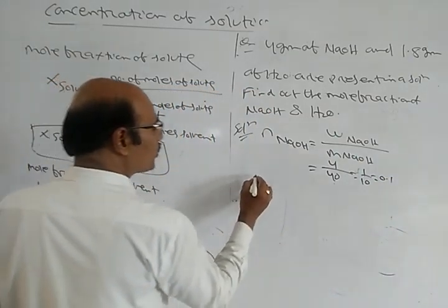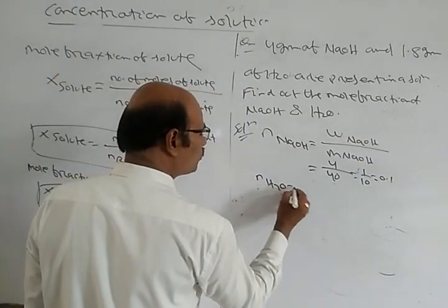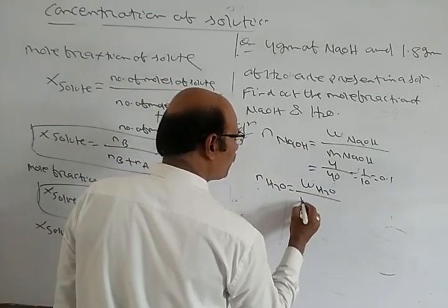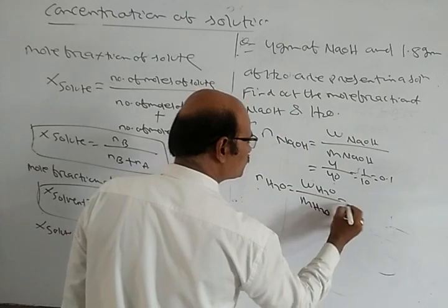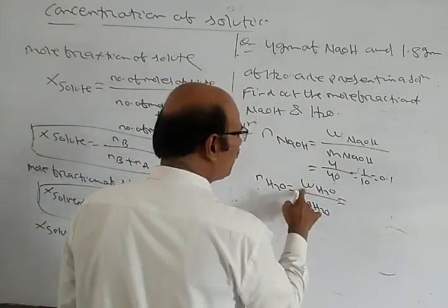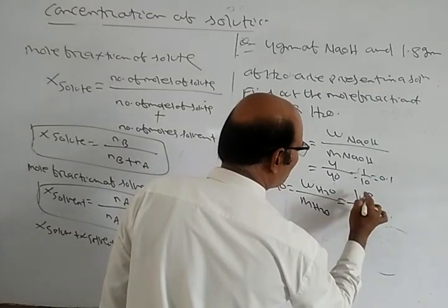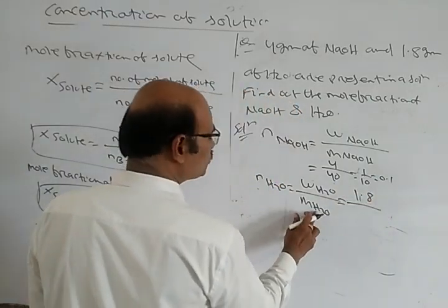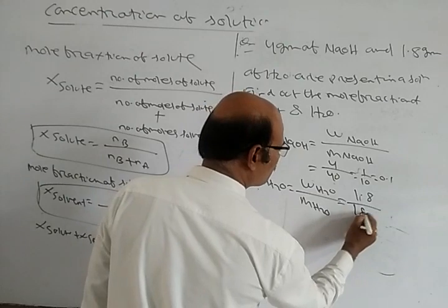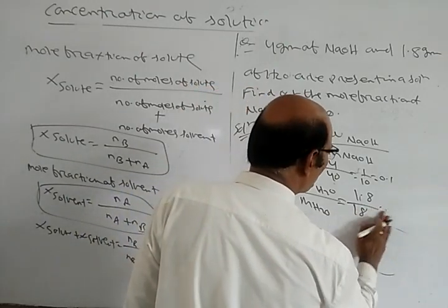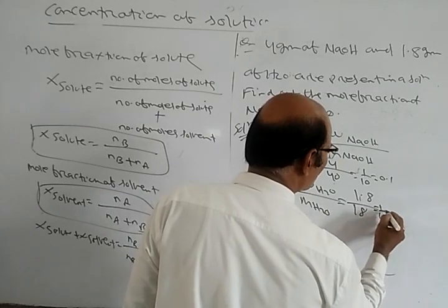Now your number of moles of H2O equal to weight of H2O divided by molecular mass of H2O, 1.8 gram divided by 2 plus 16, that is 18, equal to 1 by 10.